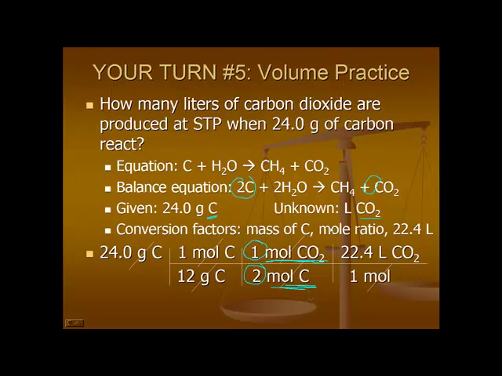Now I've got moles of CO2, but the question asks for liters of CO2. So my last step is now to go from moles to liters. And my conversion factor there is 22.4 liters for every 1 mole. Multiply across the top, divide across the bottom, and I end up with exactly 22.4 liters of carbon dioxide, precisely 1 mole.